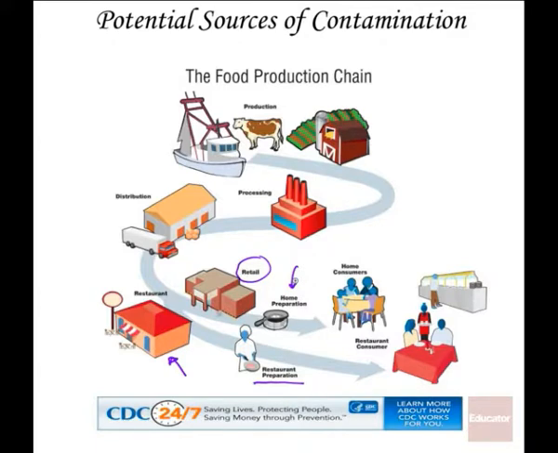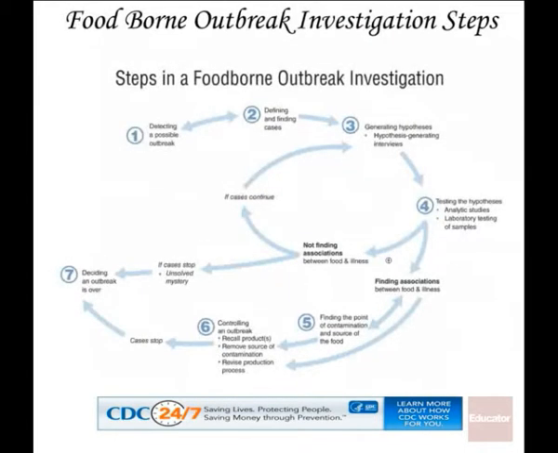Then we have our human consumers, right? And perhaps only a certain segment of the population is experiencing the disease. We have restaurant customers, and then we have things like salad bars where everything's all mixed up, and then it can be very challenging to figure out which food is responsible.